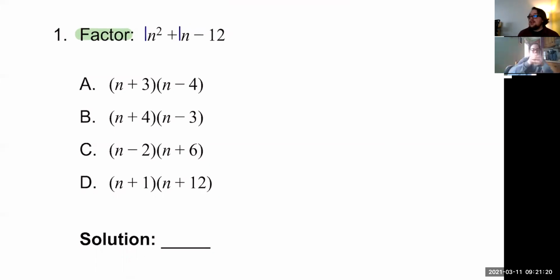So then I look at how many terms I have. In this case, it's a trinomial, so 3 terms, which makes me consider using what? The asterisk method. And for that, I need to know my A, which is 1, my B, which is 1, and my C, which is negative 12.